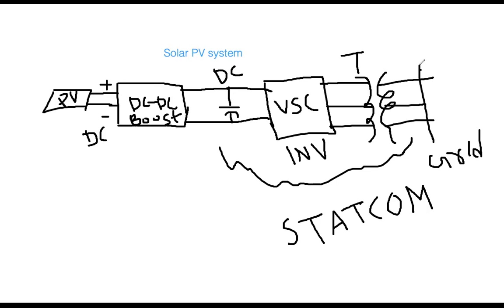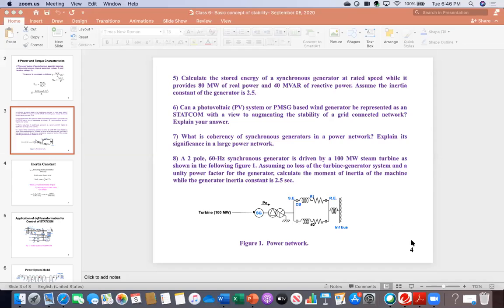When there is any disturbance or any fault in the connected grid system, then you can utilize these three components together as a STATCOM. That is the meaning of that question. Read the question again.